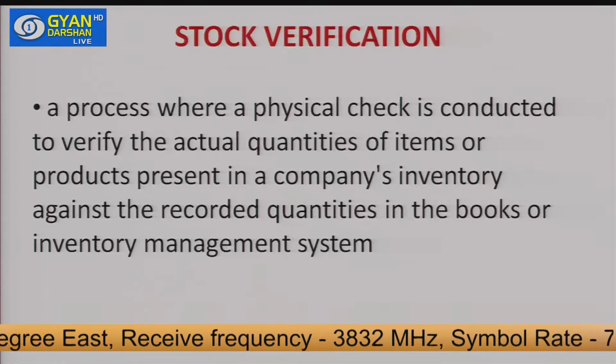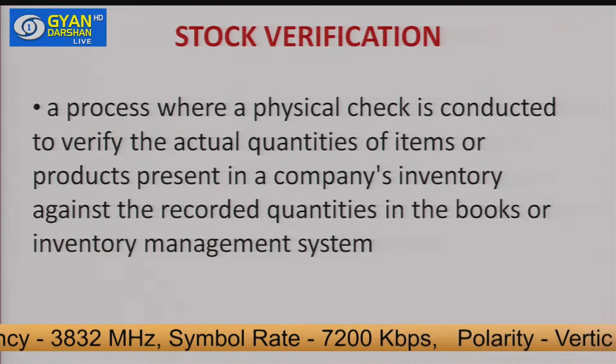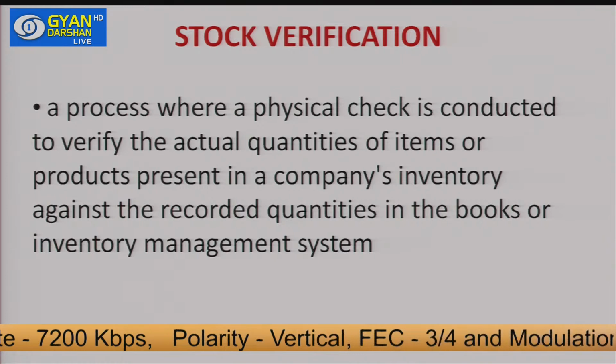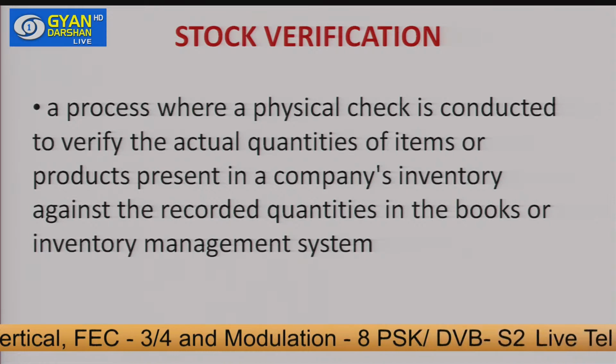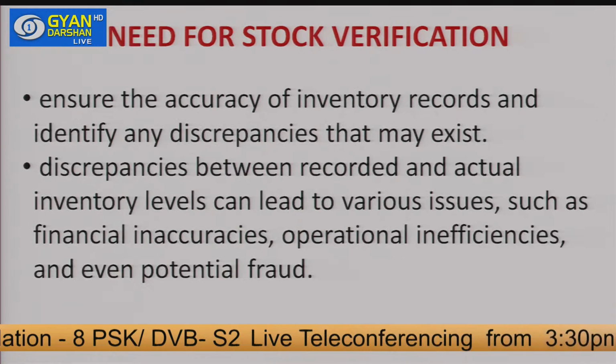With the help of inventory management, we try to manage the quantity of the items at an appropriate level. While with stock verification, we simply verify what is the actual quantity which has been ordered and what is the quantity which is present in the warehouse as company inventory. So this is called stock verification.